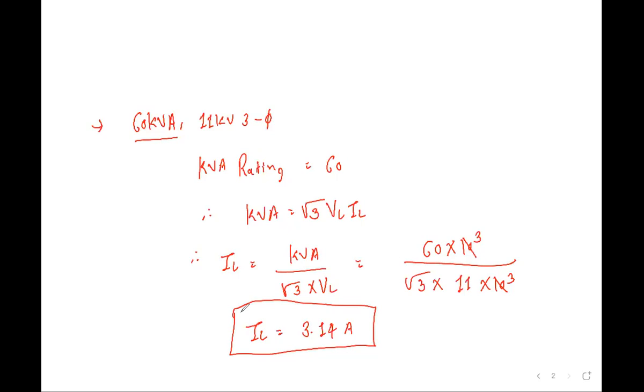If you consider kilo and kilo, then it will cancel out. But suppose it is given as 60 MVA with 11 kV, then we have to convert either this into megawatt, or this into kVA. So we have to maintain our units the same.